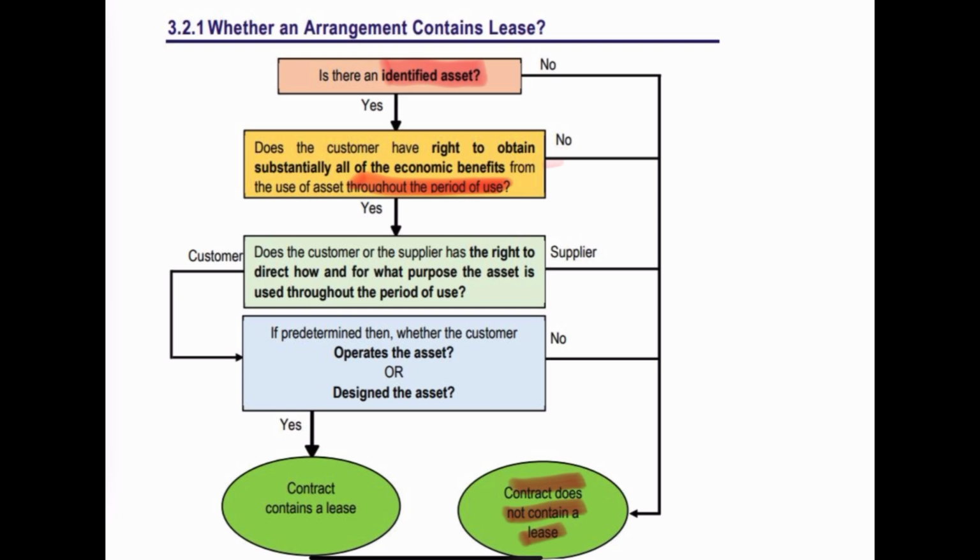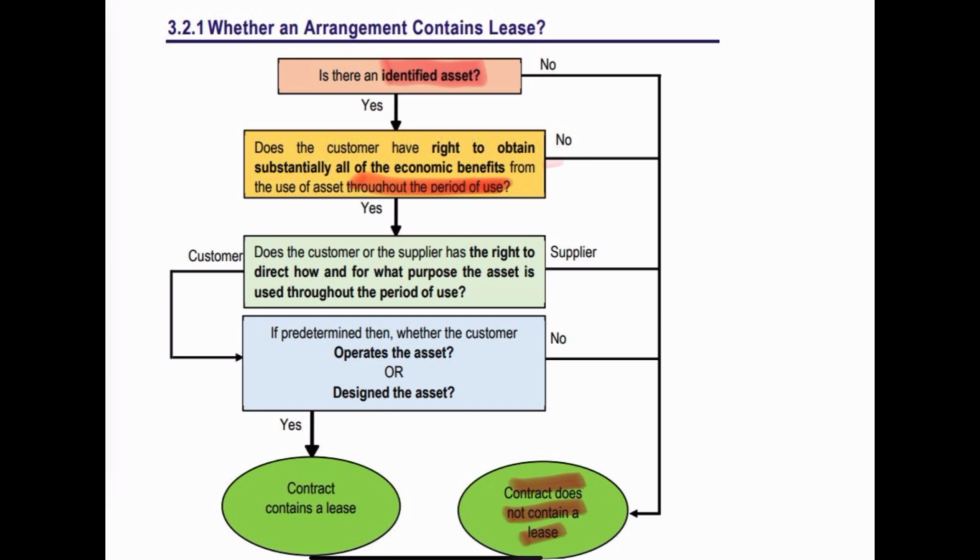Next question, basically it needs to be mapped both from the customer perspective as well as from the supplier perspective. So customer, you can also treat that as a lessee, and supplier means lessor. Okay, so the question is, does the customer or the supplier have the right to direct how and for what purpose the asset is used throughout the period of use? So it should be directed.